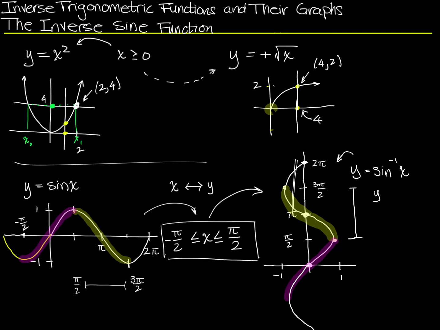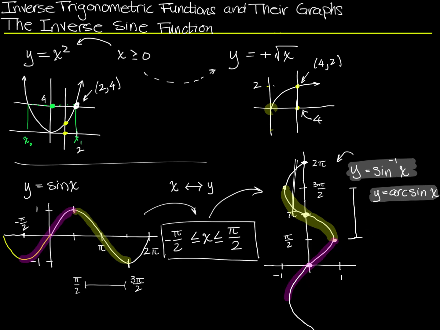And also oftentimes you'll see y equals arcsine of x. These two things mean the same thing. They're equivalent. You can use either of these two notations. If you see either of these two notations in a textbook or in an exam, if you see one, you can interpret it as the other.